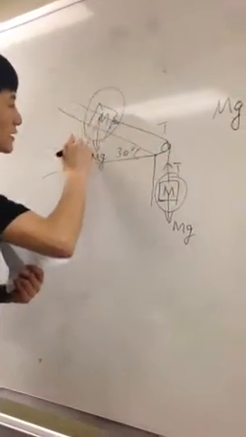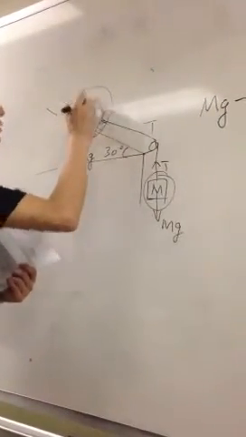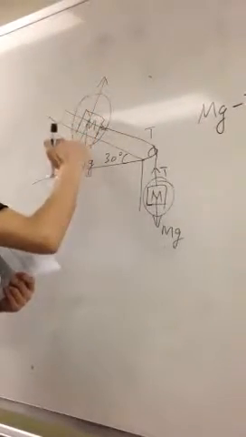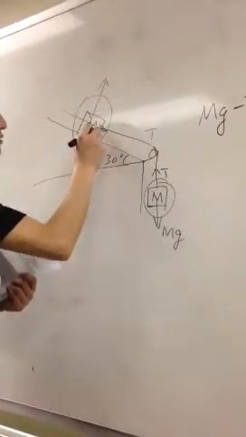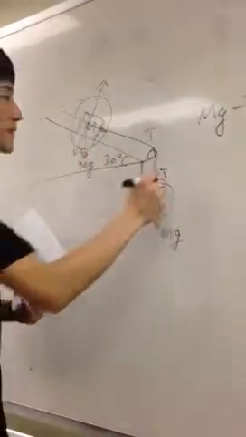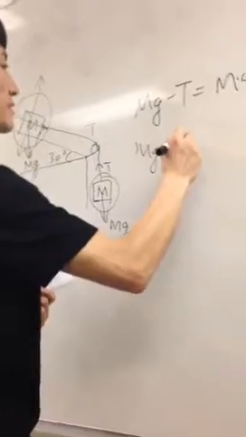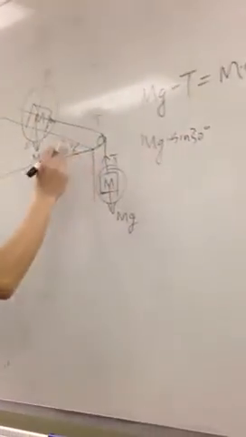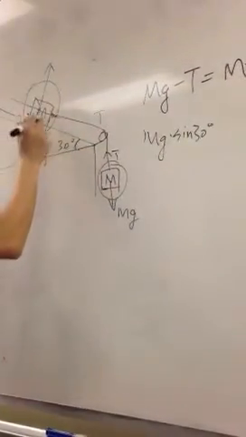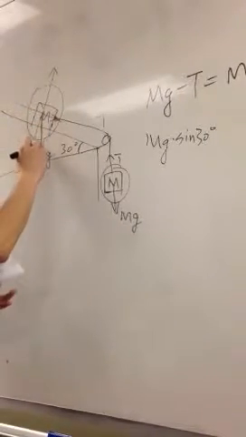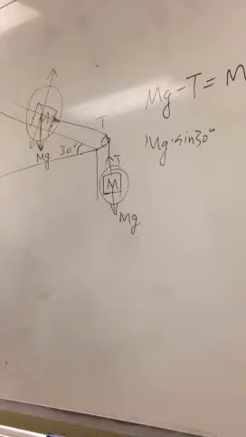The force cosine will be cancelled by the supporting force of the surface. So here will be mg sine of the angle, 30 degrees. Here is 30. So that's along the axis, the component of the gravity, right?